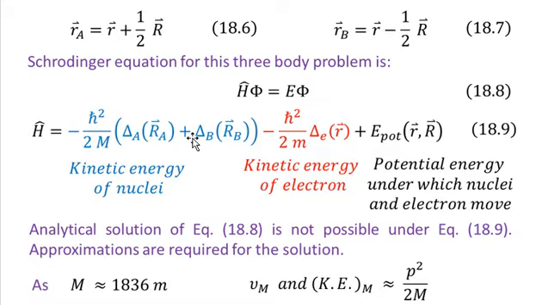When it is simplified, we can insert that operator into the Schrodinger wave equation of equation 18.8 and then be able to have the analytical solution of this problem. So let's analyze the approximations under which we can write equation 18.8 as an analytically solvable equation.